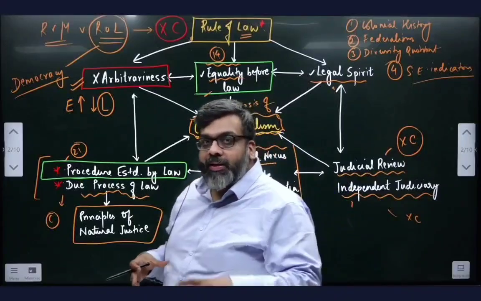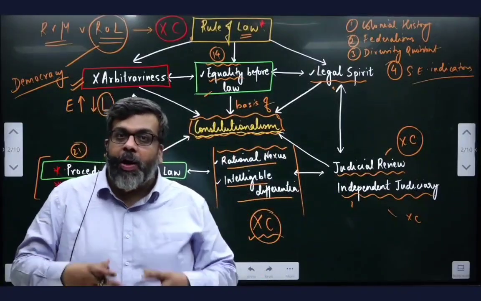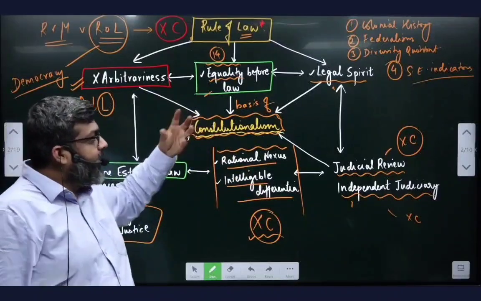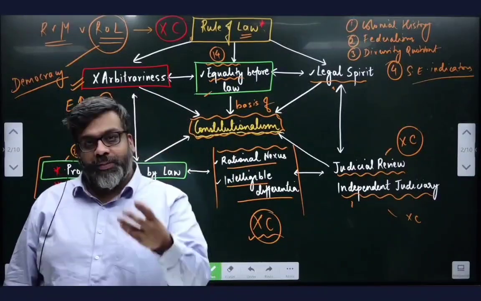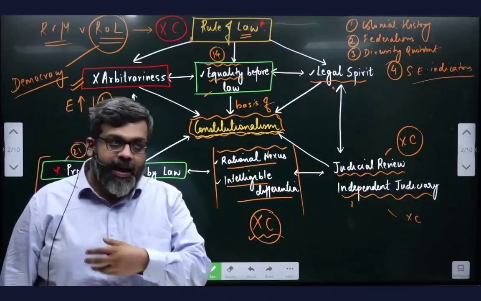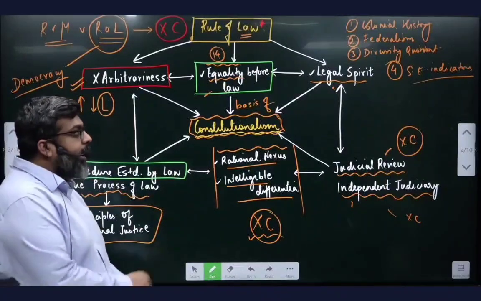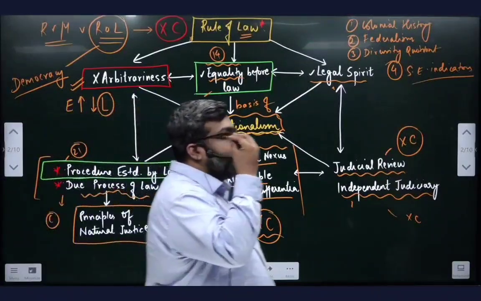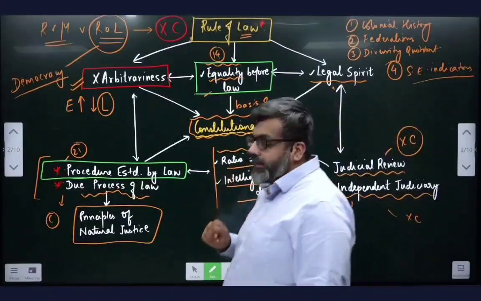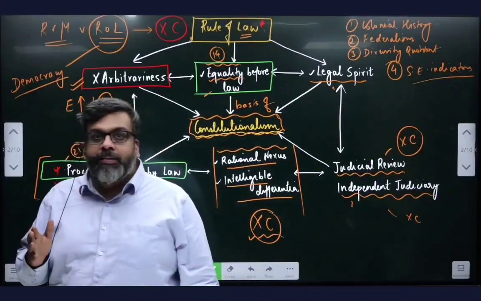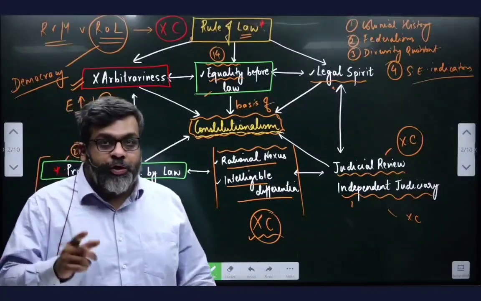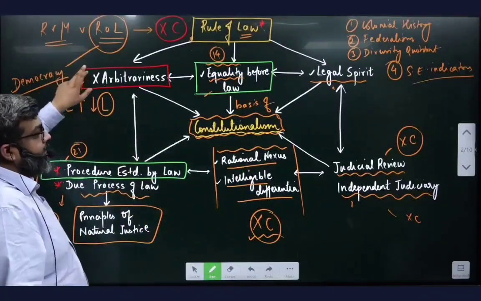So this seemingly complex flowchart is actually the heart and soul of the Magna Carta, Indian polity, the Constitution, and everything else. So think of any constitutional principle that comes to mind. Let's say federalism. Now, federalism is division of powers between the center and the states to ensure what? There is no arbitrariness.